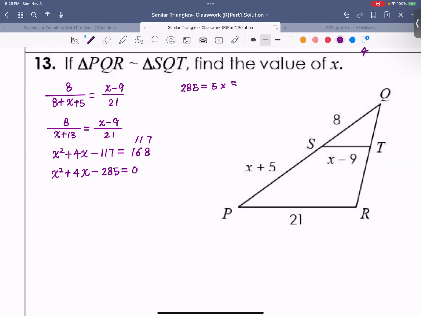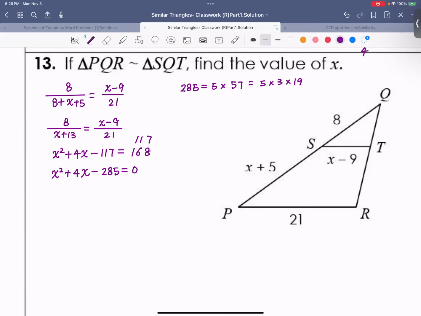Yes. Between these two, you cannot get a factor. So you want to figure out who is 57. 57 is 3 times 19. Yes.